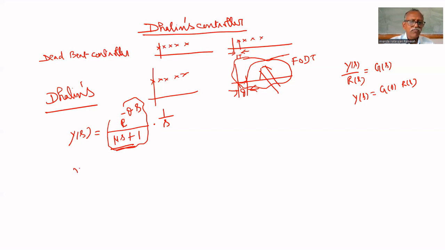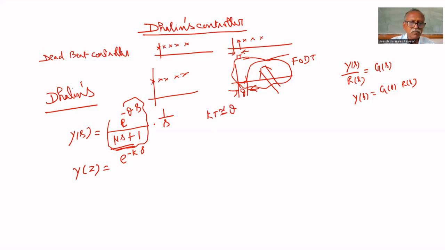Therefore, Y of z equal to: e power minus theta s can be approximated as e power minus k s, where kT equal to theta, approximately.